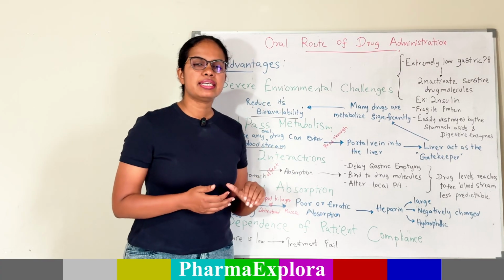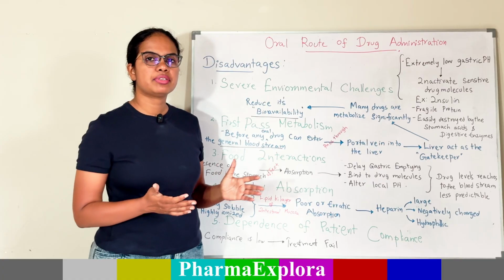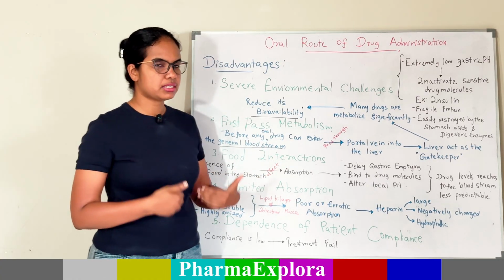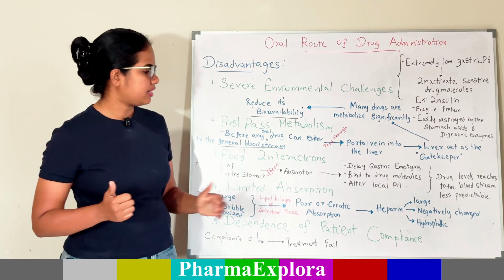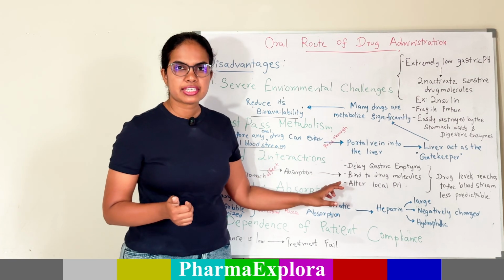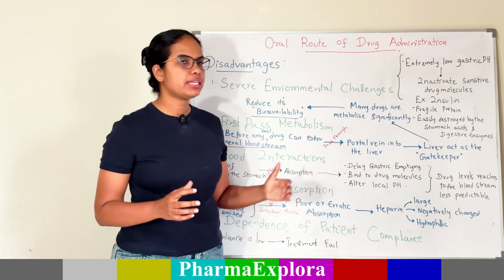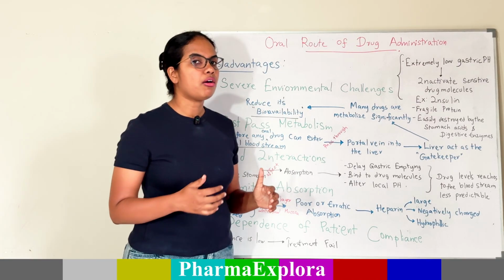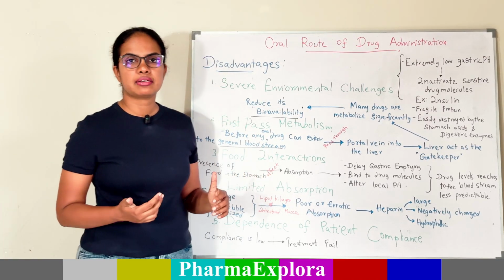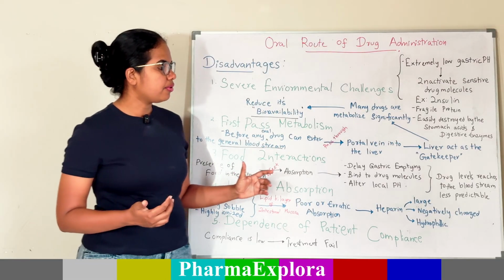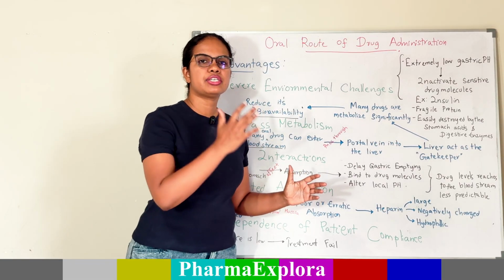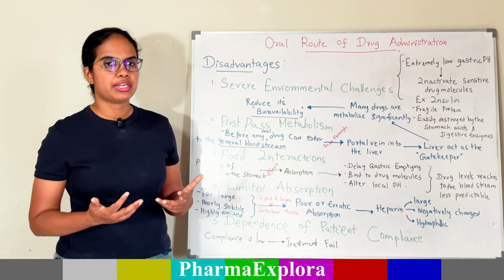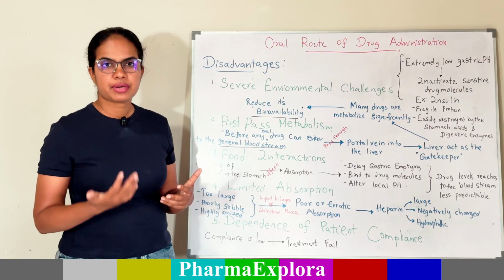It can delay gastric emptying, which means the movement of food from your stomach to the intestine. It can also bind to the drug molecules, and sometimes it can alter the local pH of the stomach as well. Therefore, the drug levels reaching the bloodstream are unpredictable.